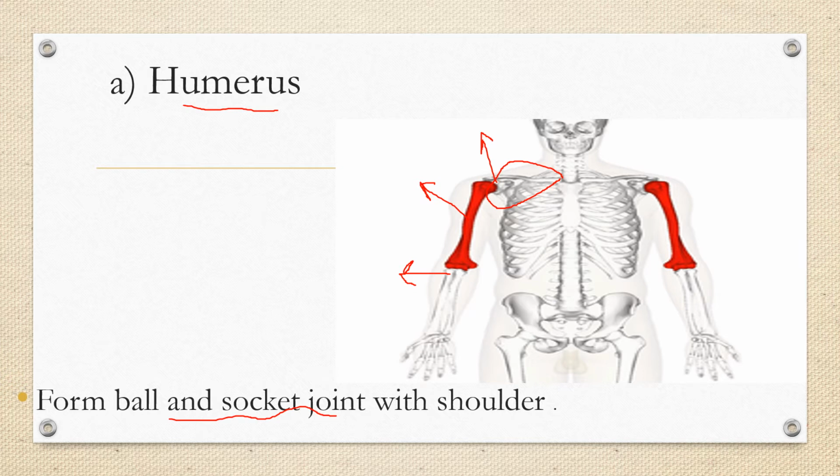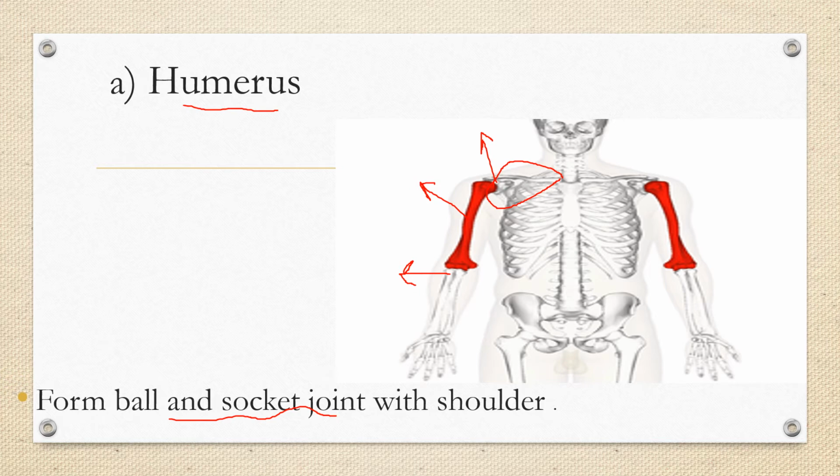It is called a ball and socket joint because it can rotate your arm in all directions. You can move it upward, downward, forward or backward, whatever direction you want.